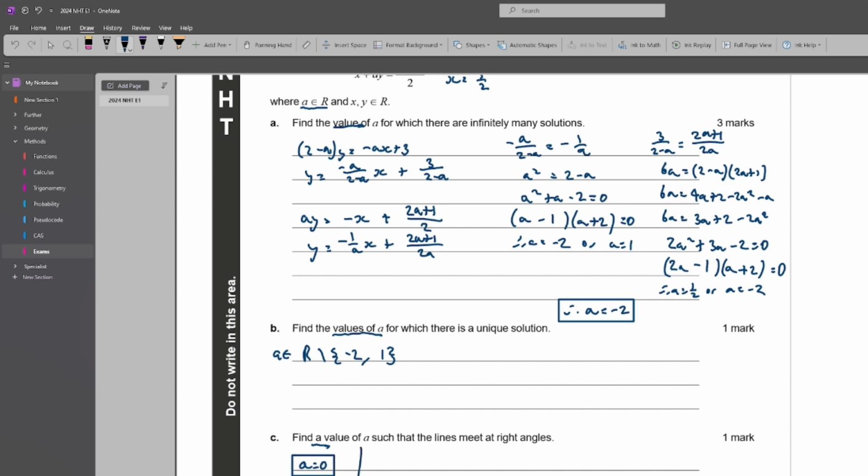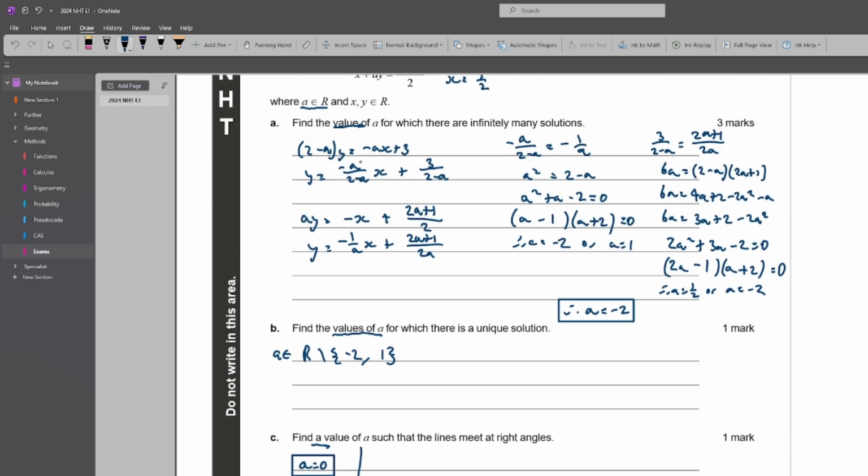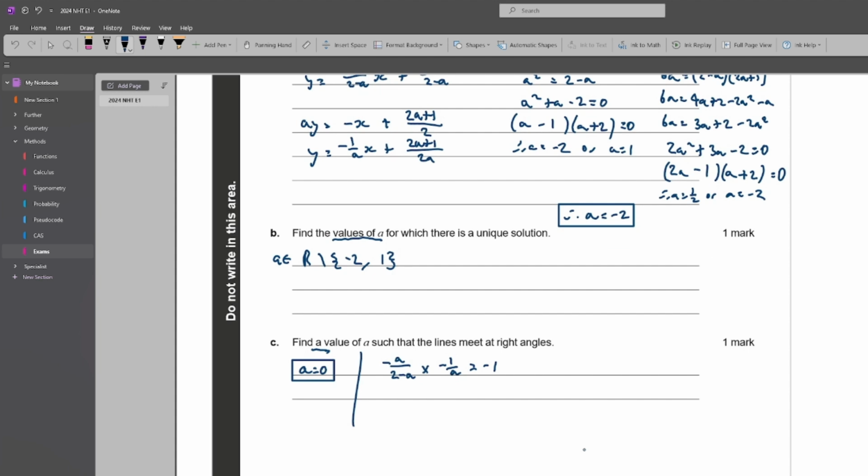Now, probably the more typical way of approaching this question, perhaps finding one of the other solutions, would be to say that if they meet at right angles, if they're perpendicular, then the product of their gradients is -1. So the first gradient is negative a over 2 minus a, times the second gradient is -1 on a. This has to equal -1. Let's solve this for a.